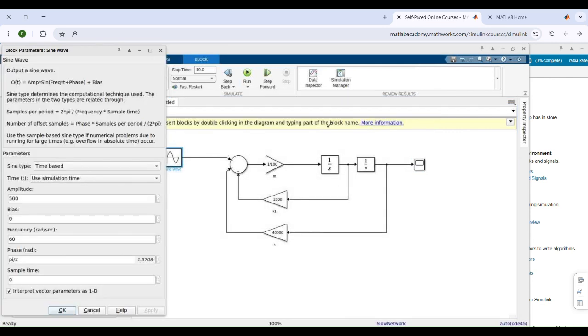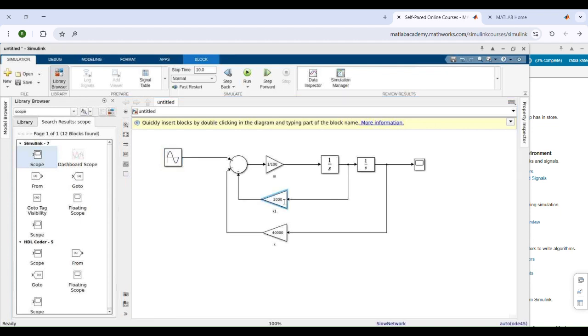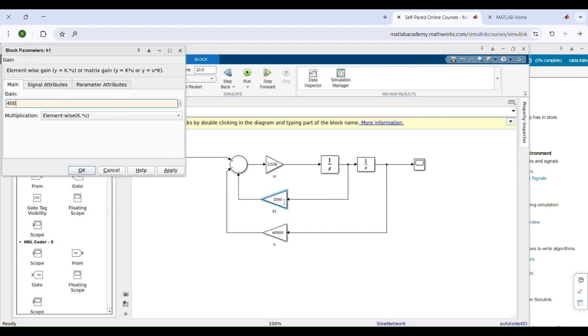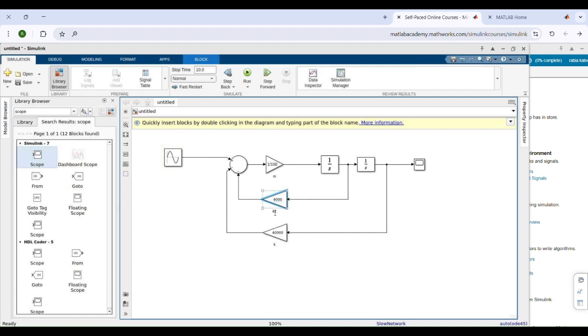Let's go to 4000 and frequency from 2. 4000 here. And also I forgot to change this to C, which is damping. And start. Then let's see.